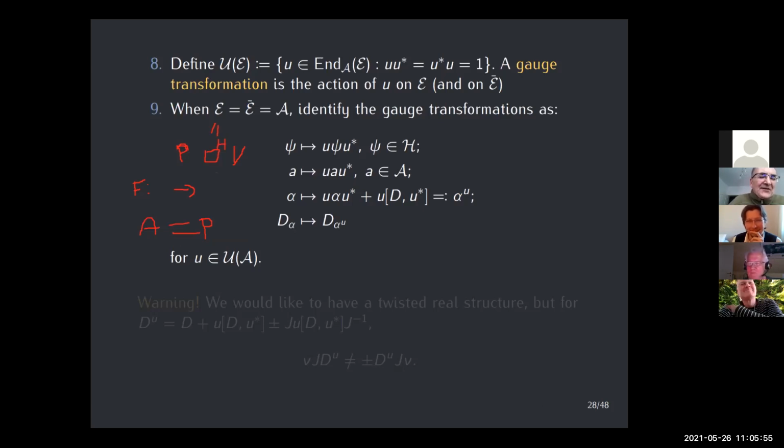That's just the fixed point subalgebra, the base space algebra, and the gauge transformation will be a map from P to P which is H-equivariant and A-linear. Because it is H-equivariant, you can apply it to this cotensor product with the identity on the vector space, and it will make sense because of H-coinvariance.